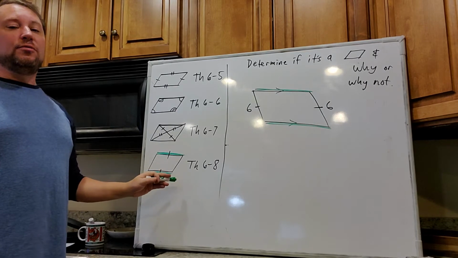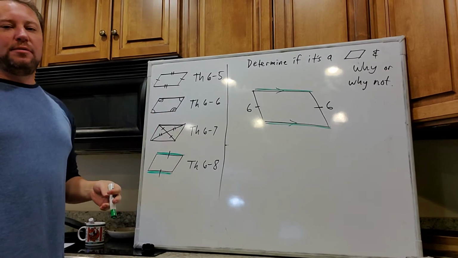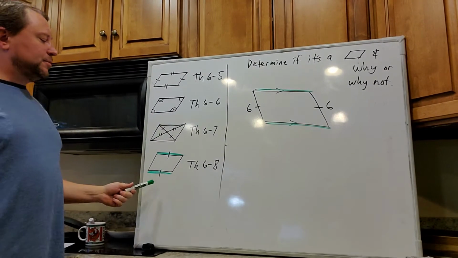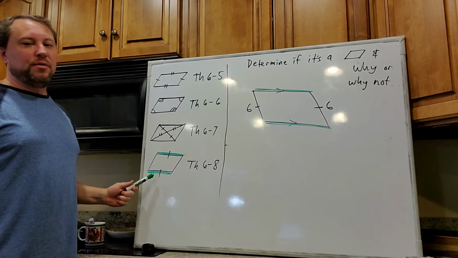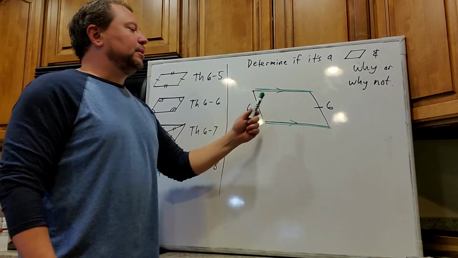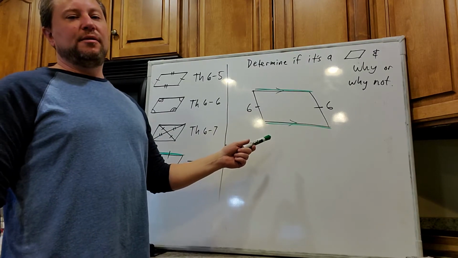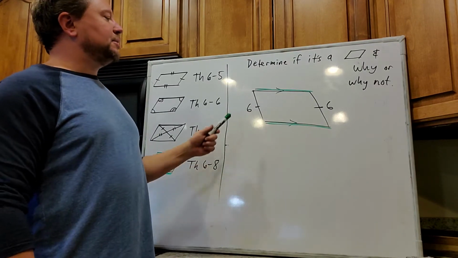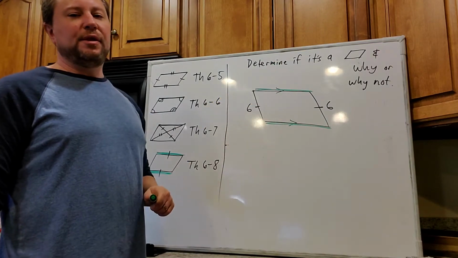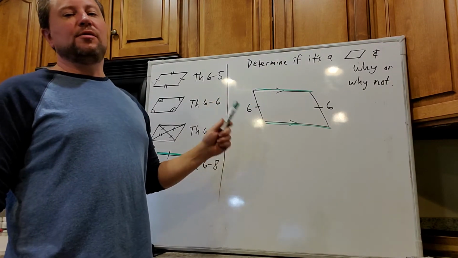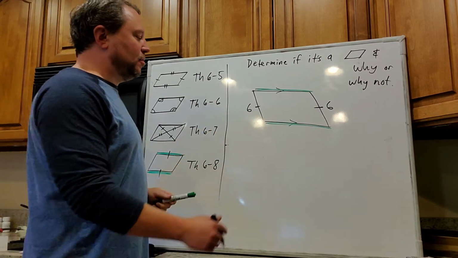They're wanting you to use theorem 6-8, but it's a trap. Okay, notice on theorem 6-8 again, it has to be the same pair of sides that are both parallel and congruent. That's not the case here. In this one, you can see it's a different pair of sides that are congruent than the pair that was parallel. Because of that, because they're a different pair, I have to say no on this one.